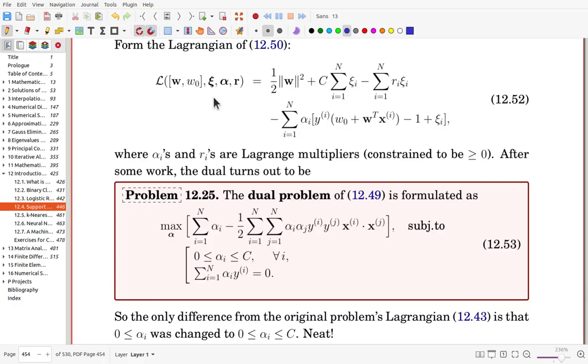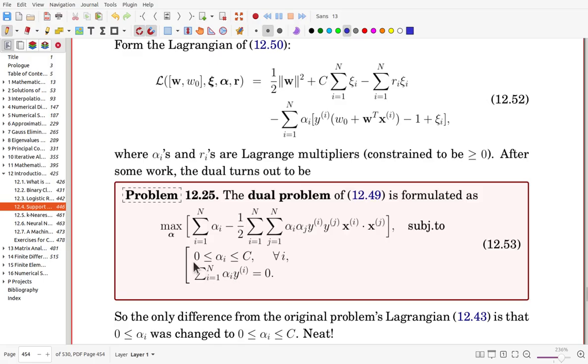And for the min part, if you do similar calculus, then along with the corresponding KKT conditions, you can formulate the dual problem. This is the max part, and the min part can be changed into this form along with this constraint. The only difference from the original linear SVM is this one.